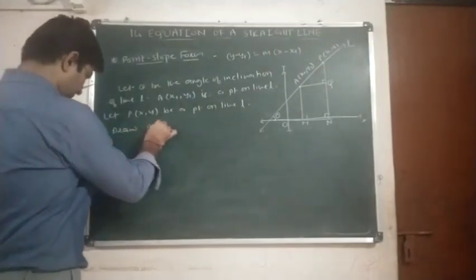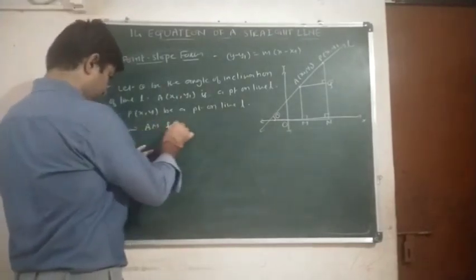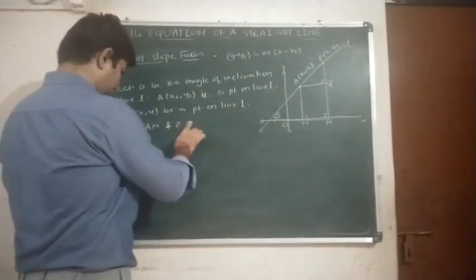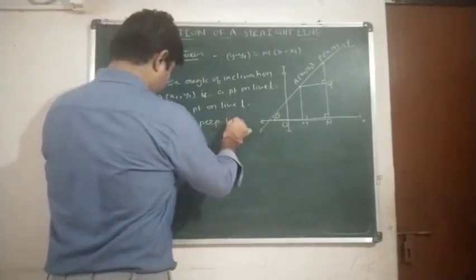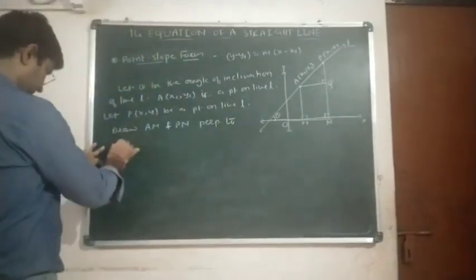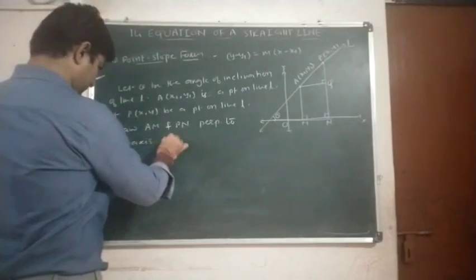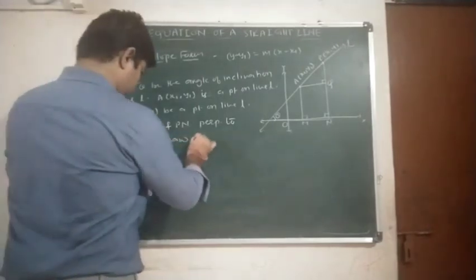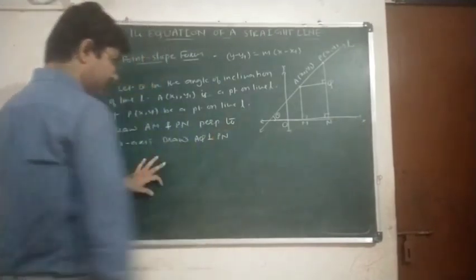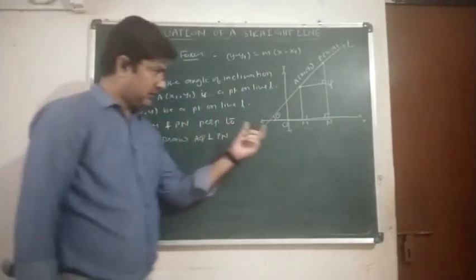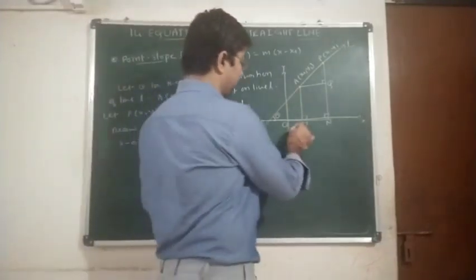So let us write down the description. Draw PM, AM and PN perpendicular to the x-axis, and we will draw AQ perpendicular to PM. Obviously the length OM will be given by the x coordinate of point A, that is x1.